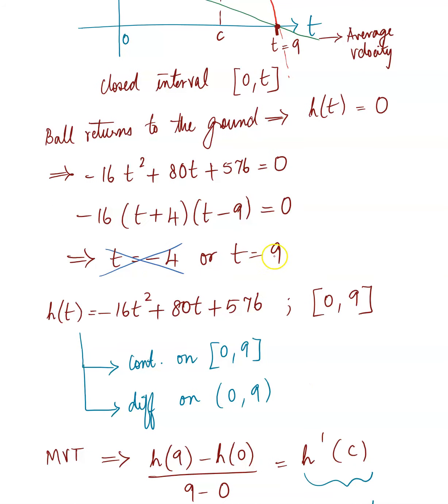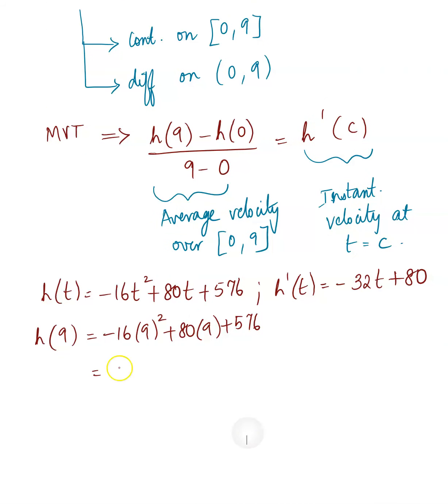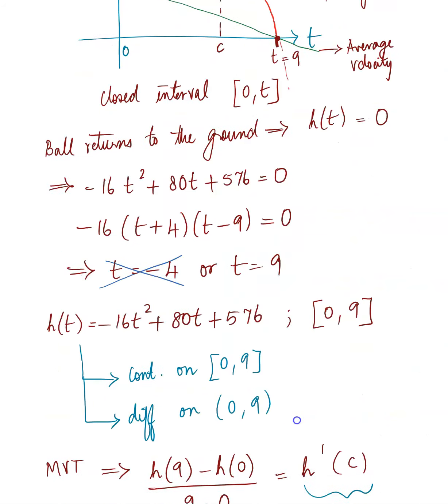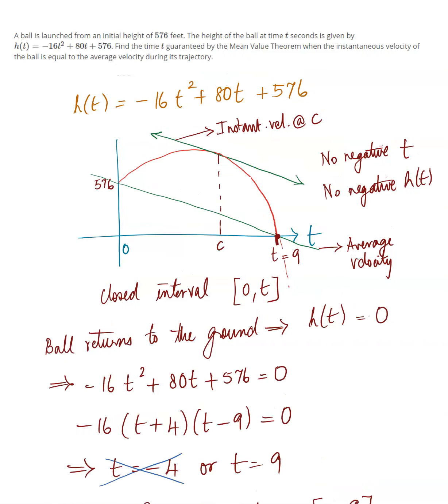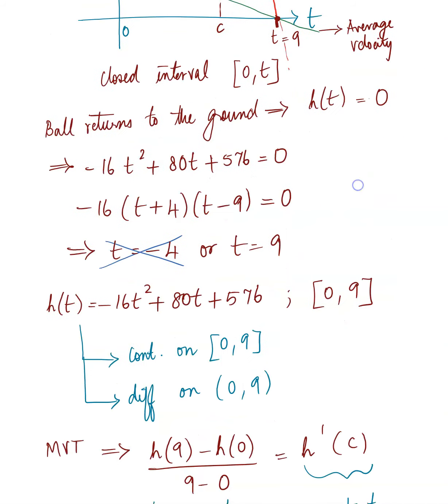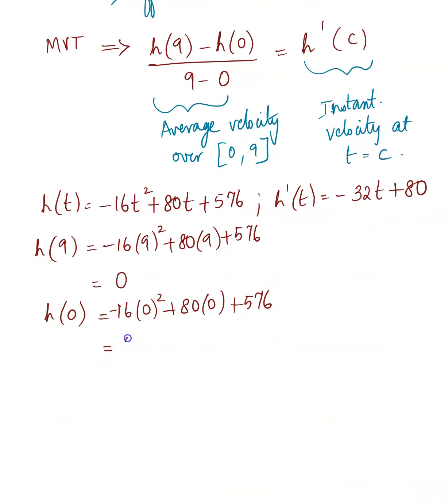We said t will be 9 when height is 0, meaning h is 0. So h of 9 should be 0. And then h of 0, again, you can compute it quite quickly algebraically. Or you can come back to the problem and see, well, a ball is launched from an initial height of 576, which means at time 0, the ball was sitting at a height of 576 from where it was launched. So we have 576 here.